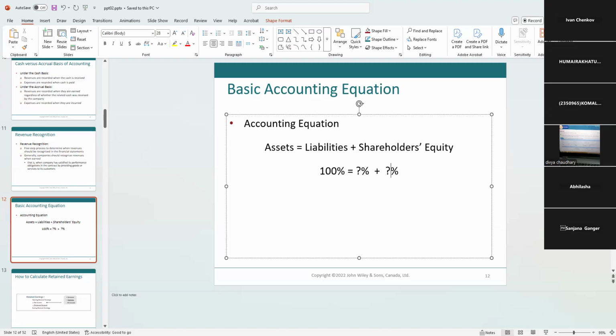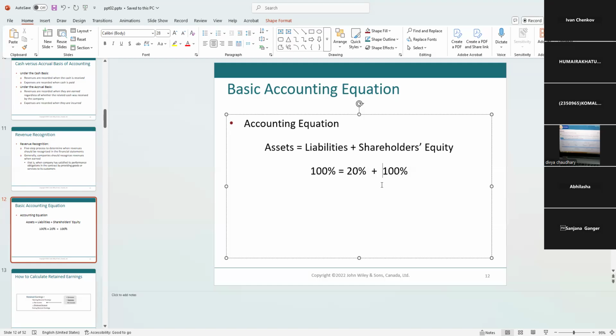So if you're only investing in your company, that means you're not borrowing. But if you borrow 20%, how much is left for the equity now? Can I have 20% liabilities and 100% equity?